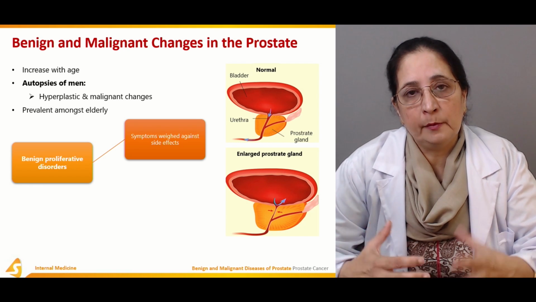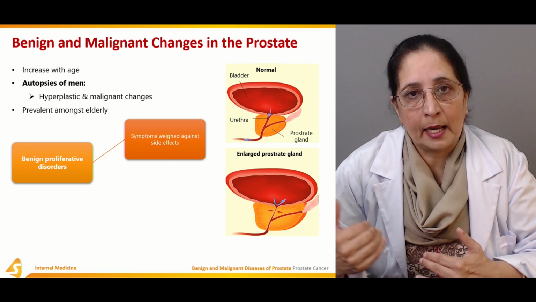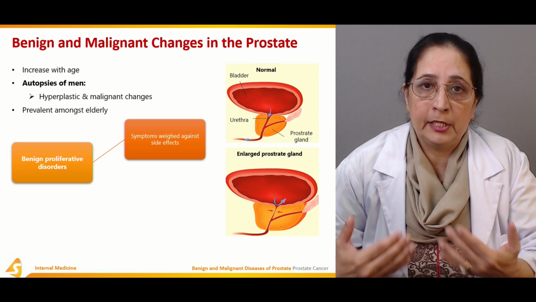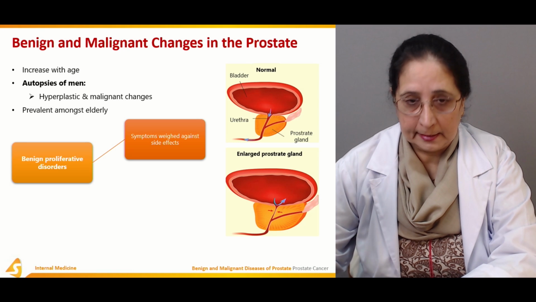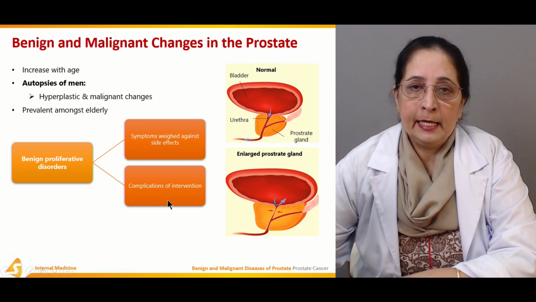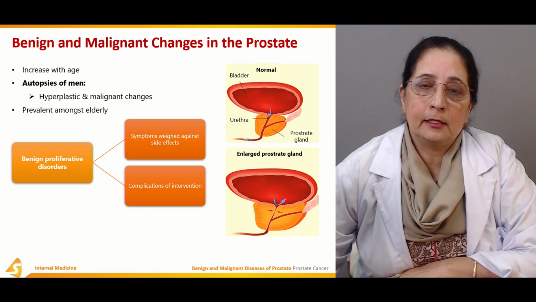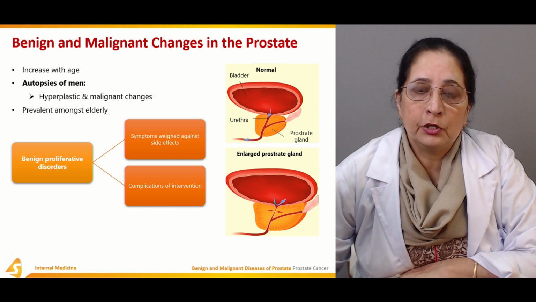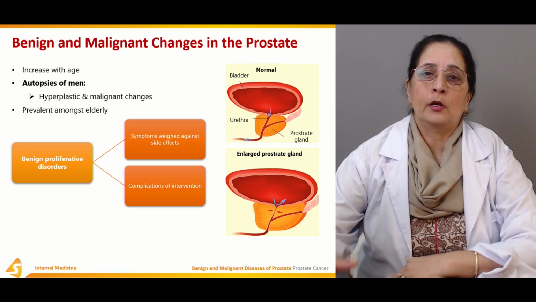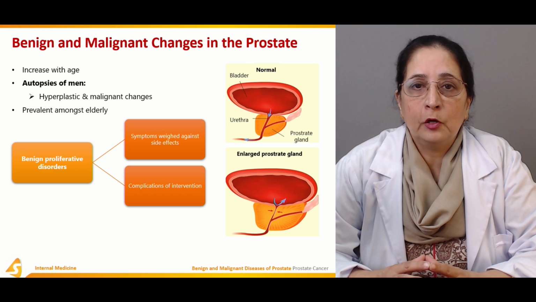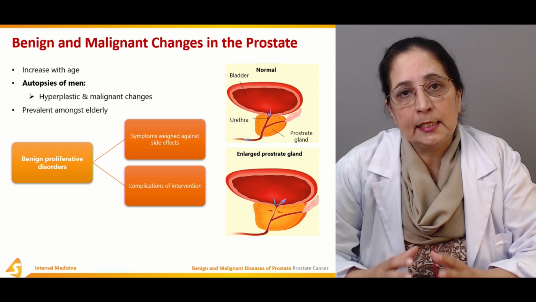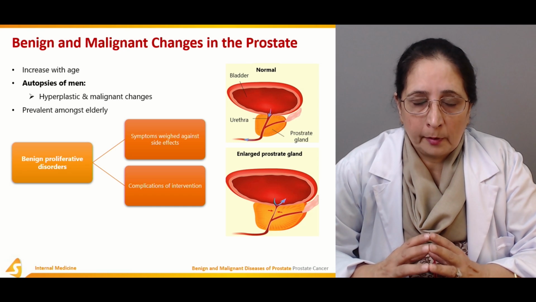As I mentioned, the greater the increase in size, the more worsening of the symptoms. Then there are some complications that can occur as a result of intervention for prostatic hypertrophy or proliferative disease of the prostate.